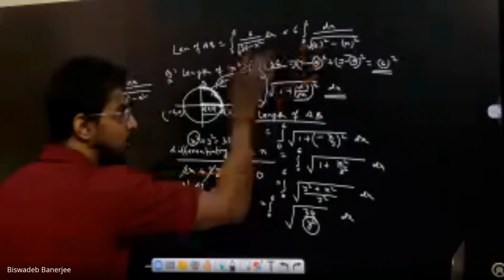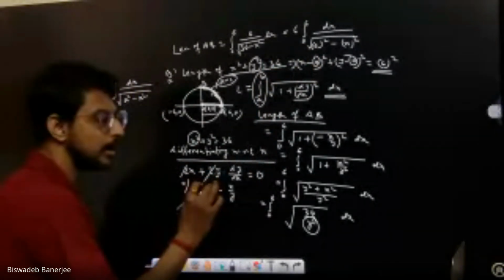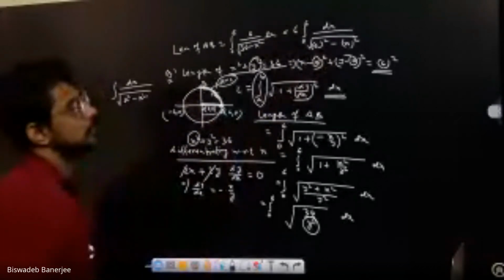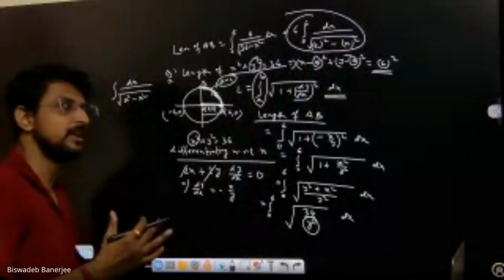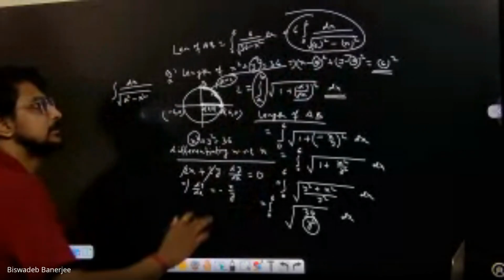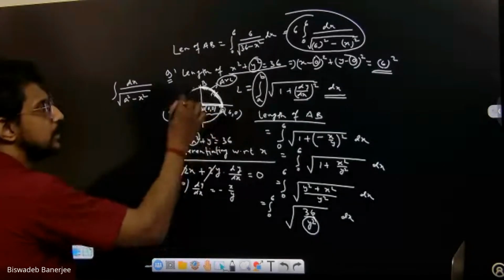I'm giving you a homework. In my next video, if you are unable to solve this integration, I shall show it, but just do it yourself. It's a very easy formula of sine inverse x by a. So just calculate this integration. You shall find length AB.